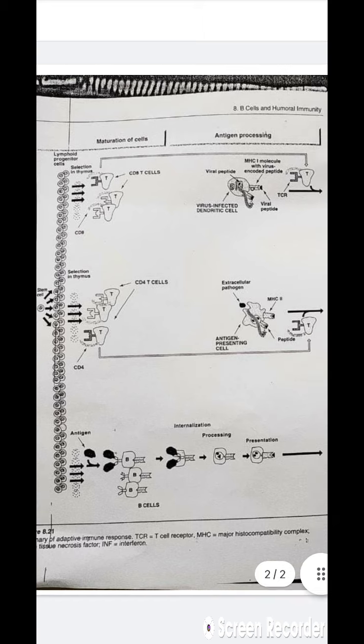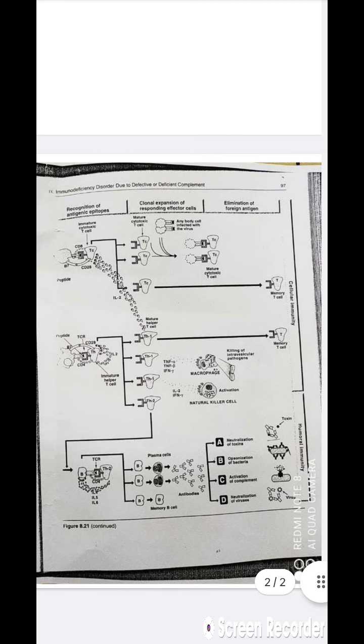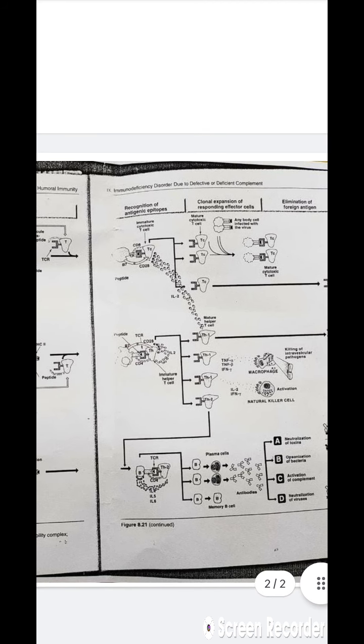Please understand this. Okay, listen to it again and again, and please see this paper. Take a printout from this WhatsApp group and stick it on your reading room wall, and please see it regularly on a daily basis to understand this concept, so that you can register this picture in your brain for your lifetime.